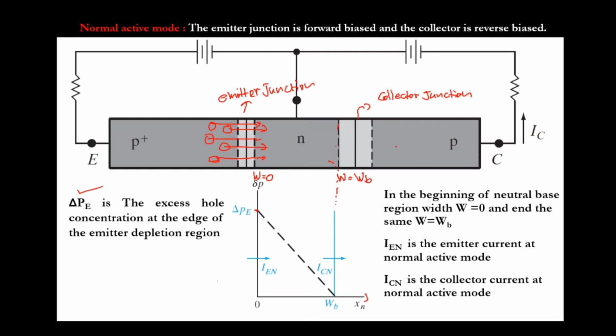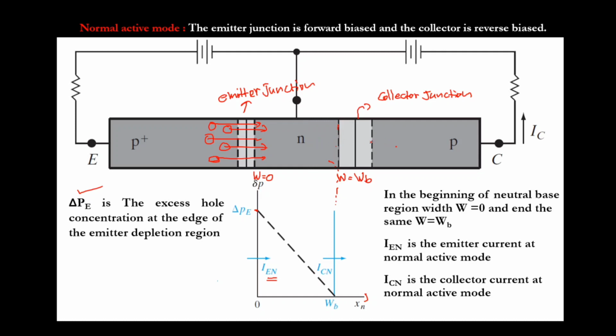And there will be a current when holes are moving. This current is actually the emitter current when we apply normal active mode. That is why I mentioned IEN. And look at this junction, definitely there will be hole movement across the junction.